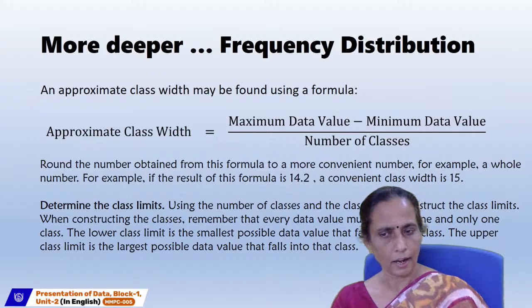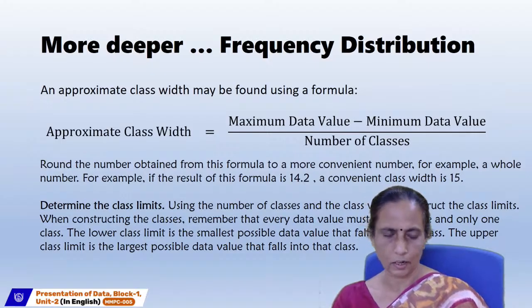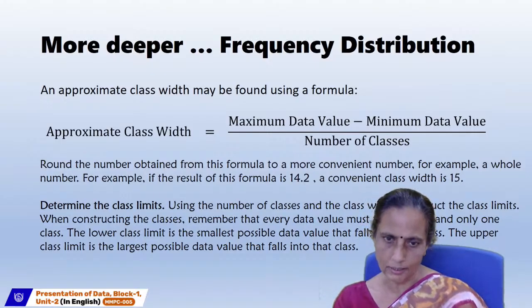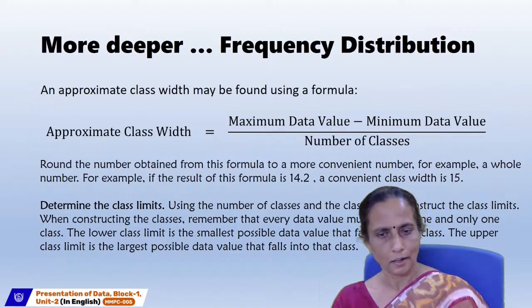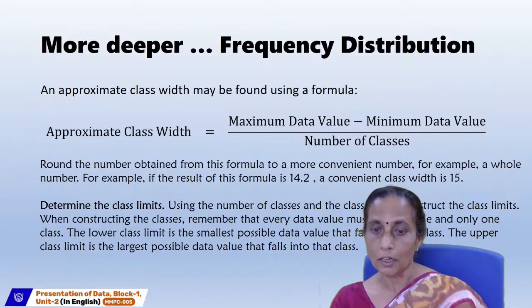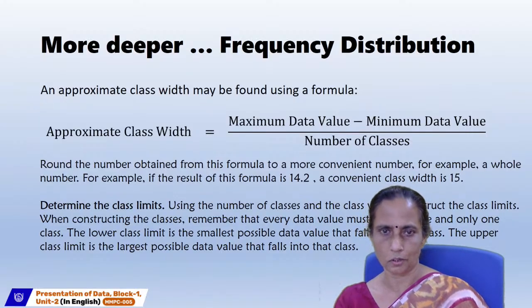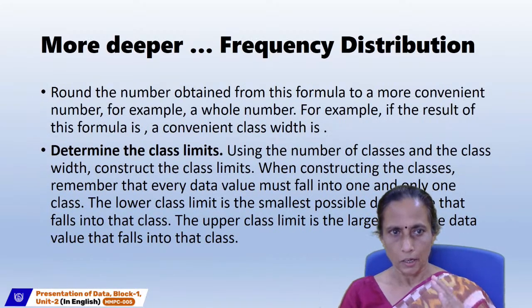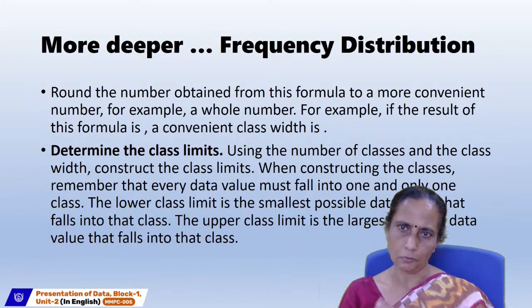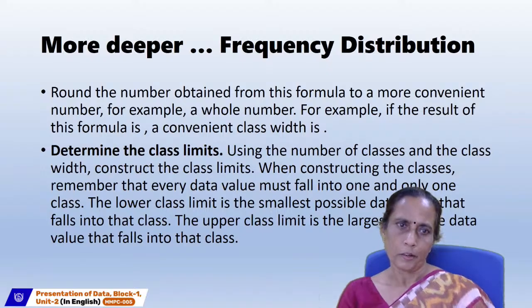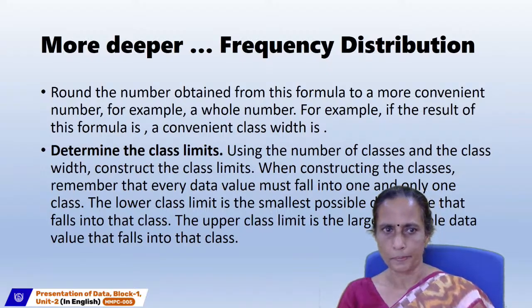If you take the upper class limit value in the class, then that is called an inclusive frequency distribution, and if you take the upper limit in the next class, then it is an exclusive frequency distribution. Round the number obtained from this formula to a more convenient number, for example a whole number.